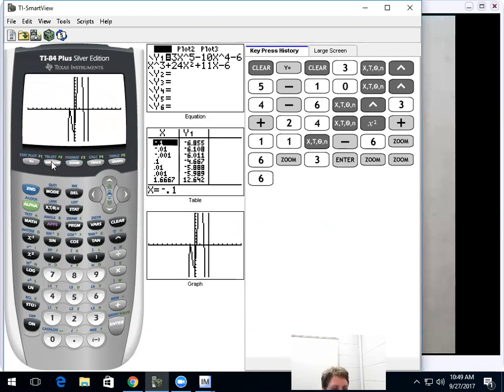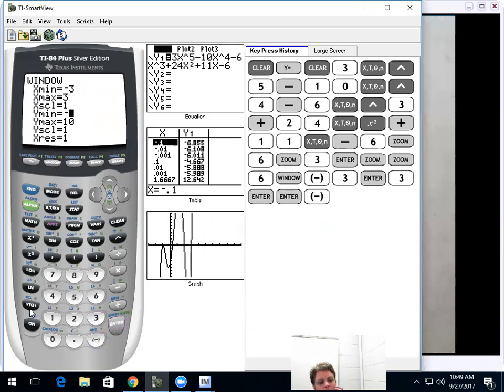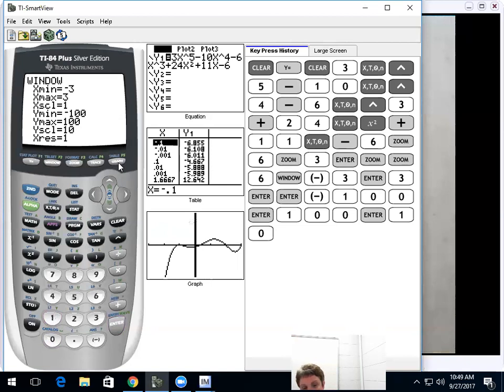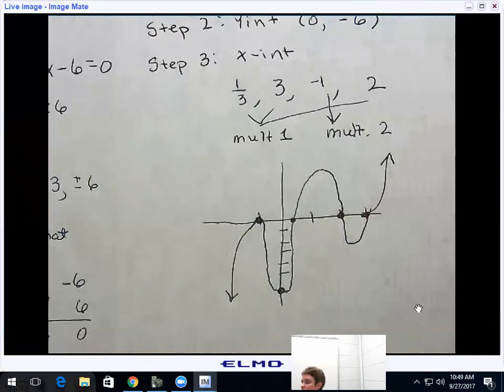But if I change my window just to go from -3 to +3, counting by ones, and I'm going to make my y's go from -100 to +100, counting by tens, I should get a much better, ooh, look at that. That looks a whole lot like that, just done on a different scale. Pretty cool.